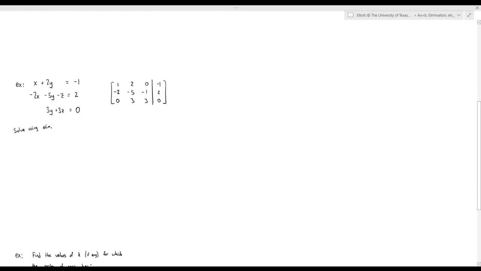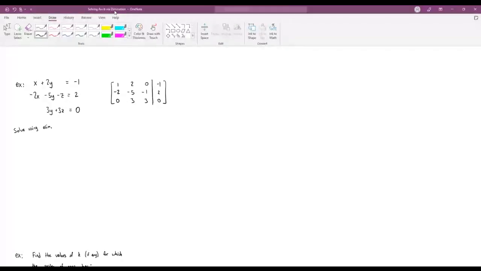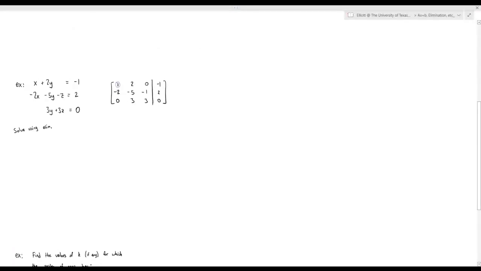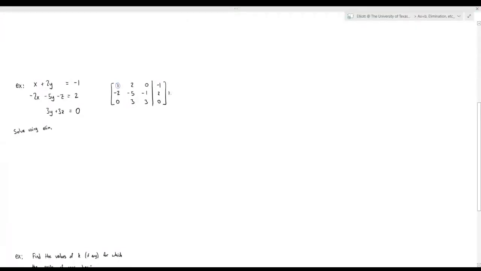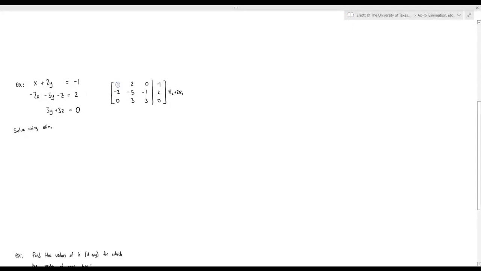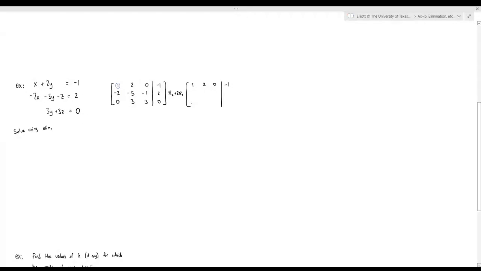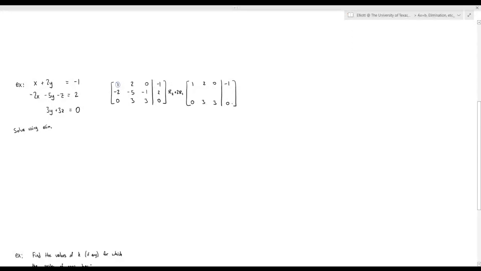All right, so again, here is our first pivot. Want to eliminate this -2 underneath it. So we'll do row 2 plus 2 row 1 real quick. So we're not altering these rows yet, so I'm just going to leave them as they are.